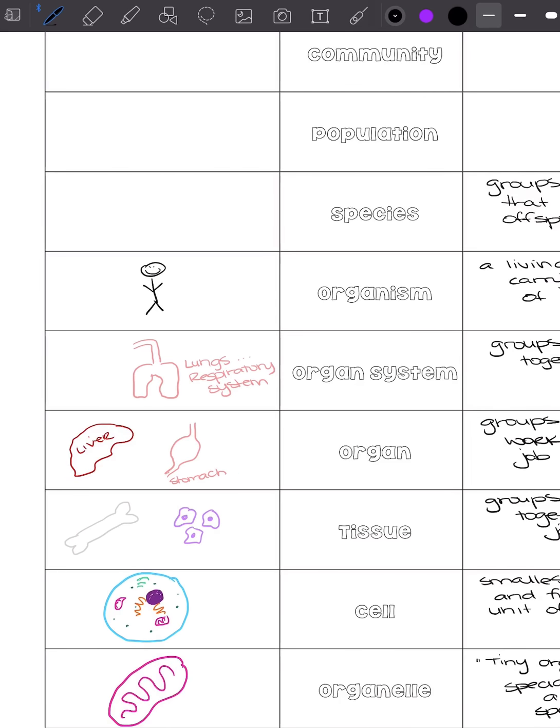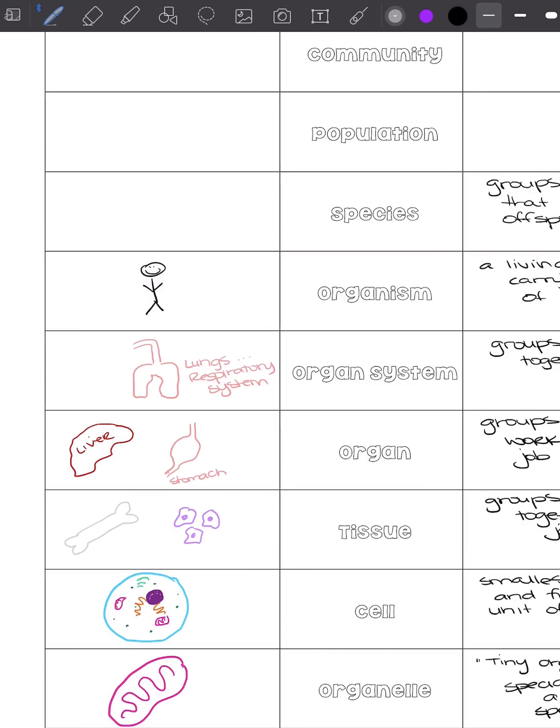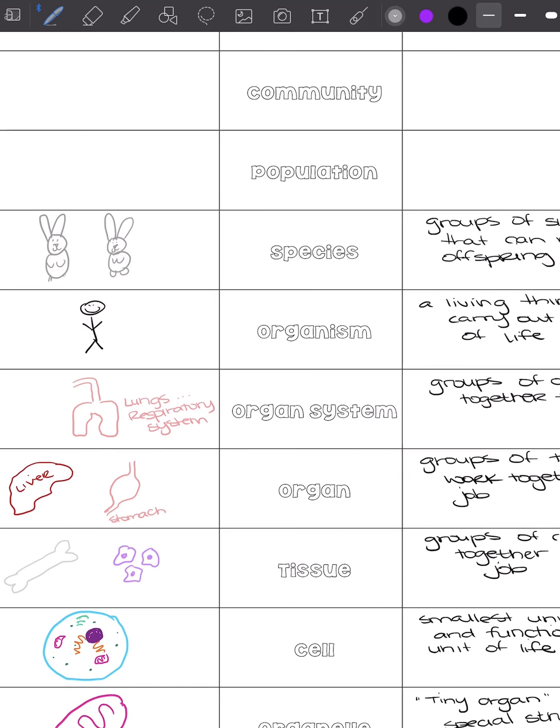Let's see if I can get fancy here. Can I draw a rabbit? We could do species of rabbits. Rabbits is a species.